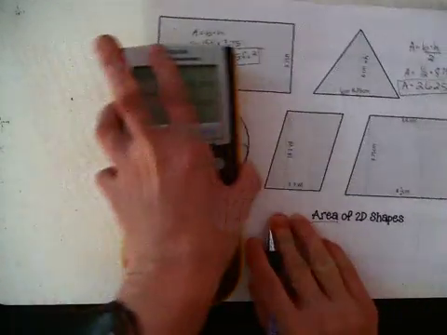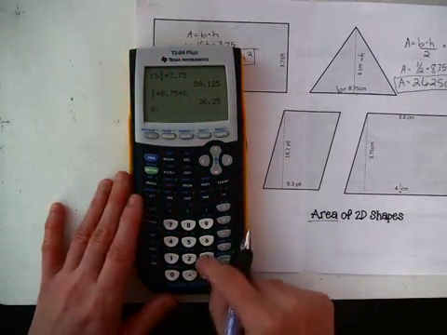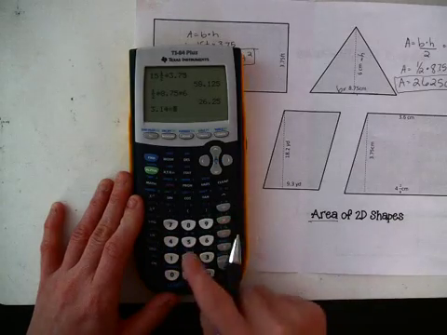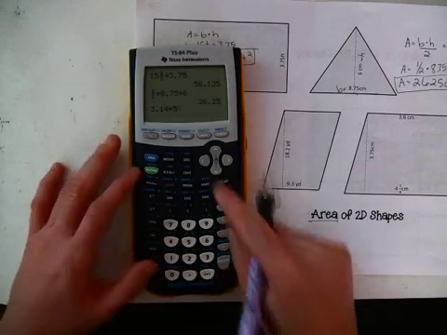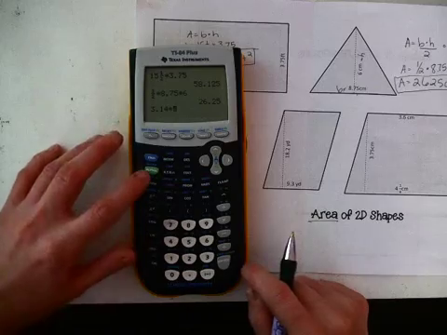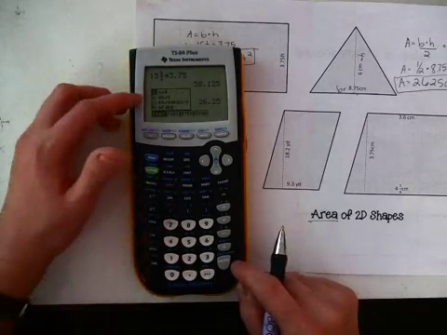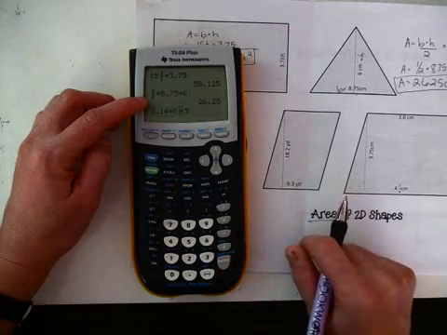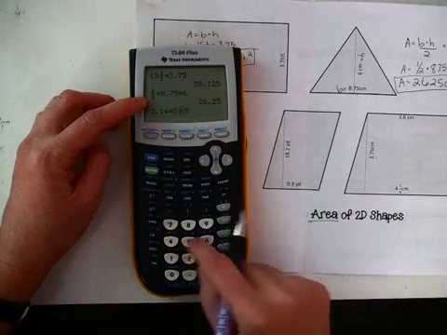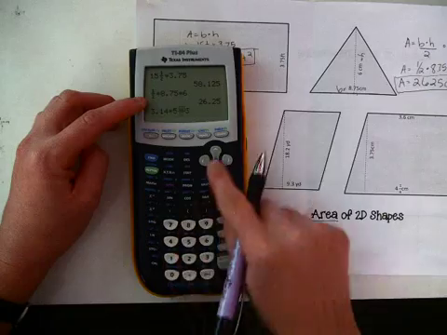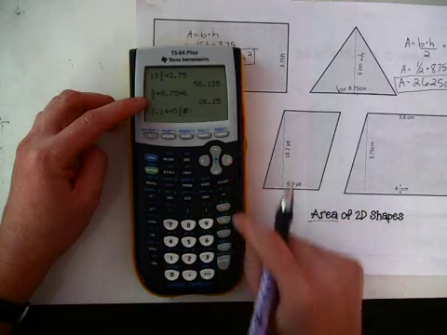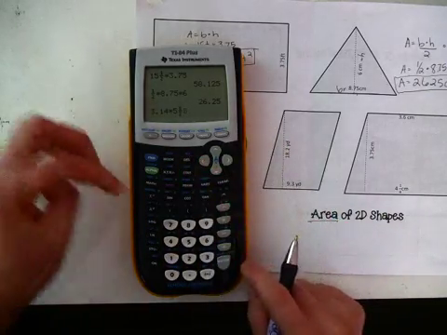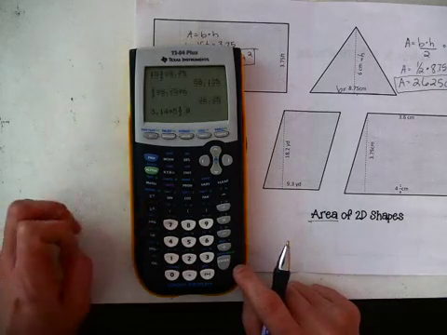I'm going to use the one that is mixed number, 5 and 1/2, and then I'm going to square it all.